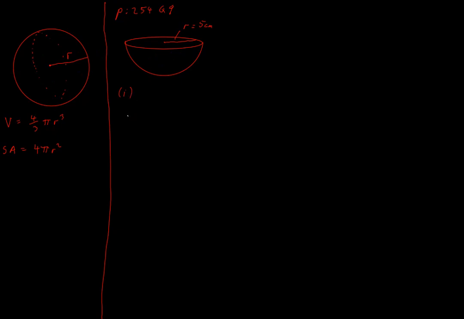So once we recognize that, the volume in part 1, when we know our radius is going to be 5, we're going to have half of our normal formula, 4 over 3 pi r cubed. And we're careful in this question, it tells us to give our answer in terms of pi.